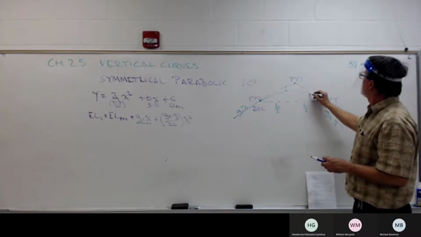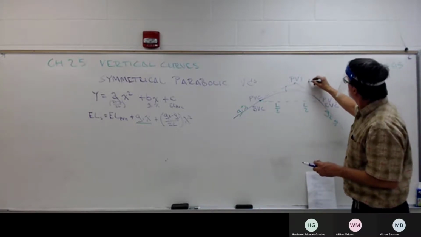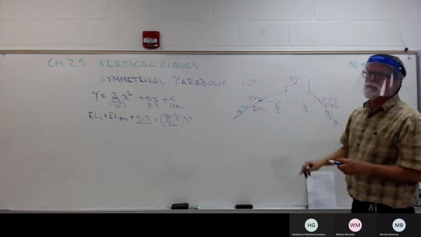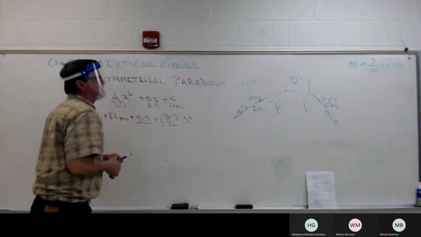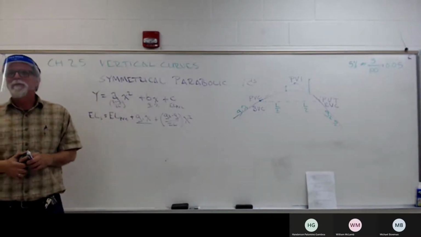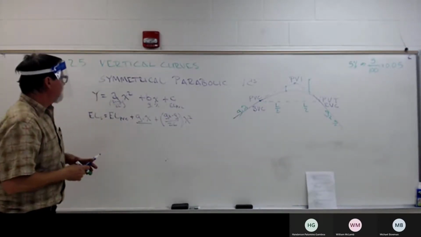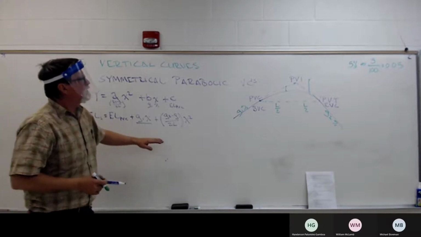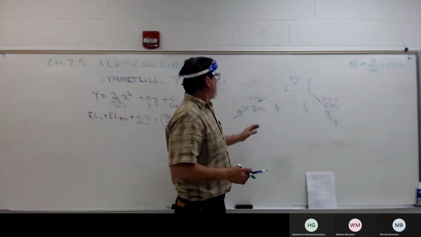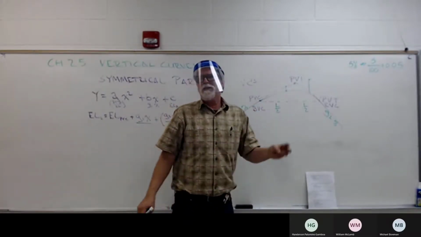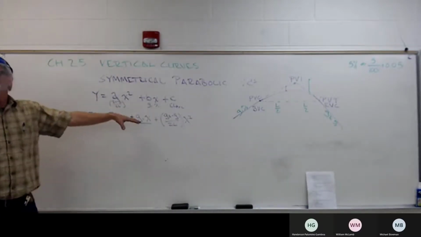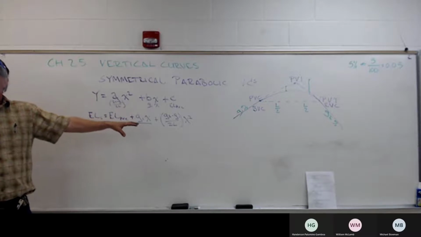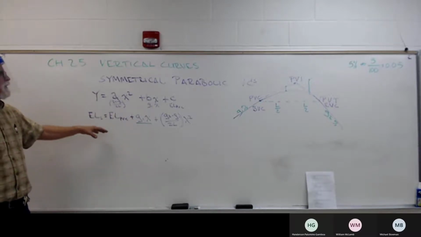Whether that's here or whether that's here. Okay? So to find any point on the curve, so that this doesn't just turn into another bunch of equations that don't make any sense, it's like, well, what does it mean?